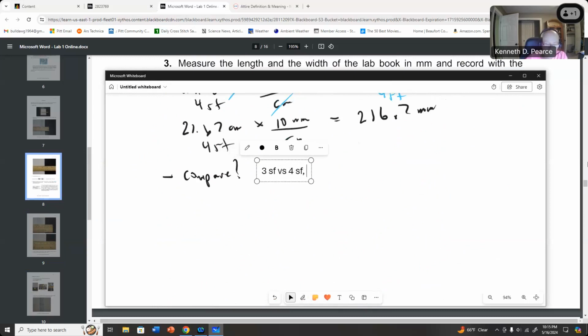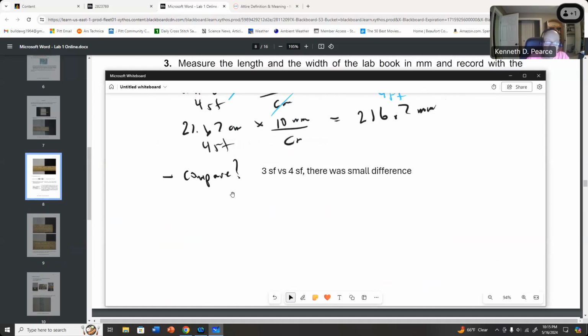Okay, and there was some difference. It's a small difference. And you can say whether it's bigger or smaller, but there was some small difference. And that's how you do that right there. Okay, so that answers that question.